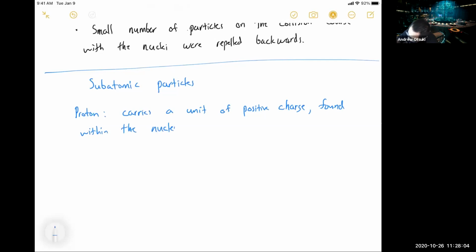So think of a proton like positive charge. This was discovered by Rutherford because of his experiments. And we denote it as P or P plus. That is the symbol for proton.